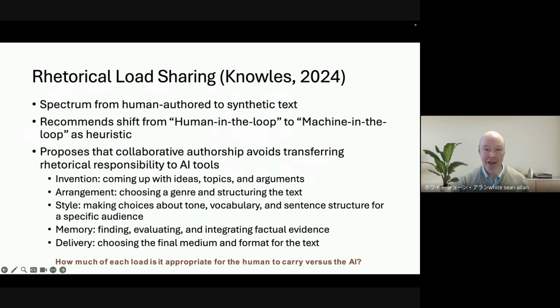That really it's the humans that are doing the essential part, and the machine is just the tool that's adding a little bit extra to that, right? So, and he lists different areas, so things like invention, arrangement, style, memory, delivery, and so where do we want humans to really take the cognitive load? Where do we want technology to be able to handle some of this cognitive offloading, right? Are questions to consider.